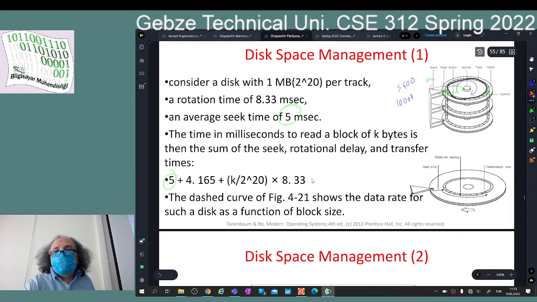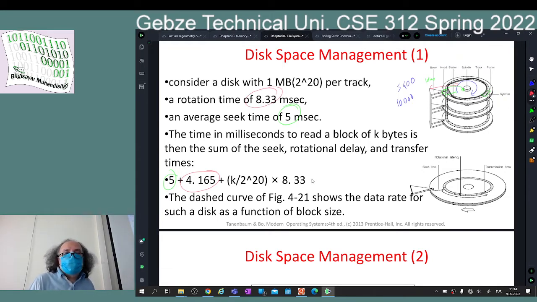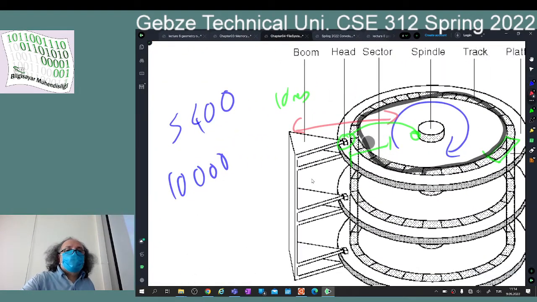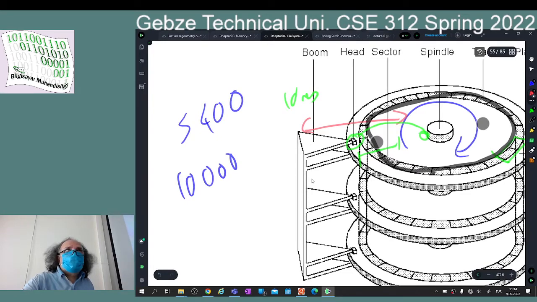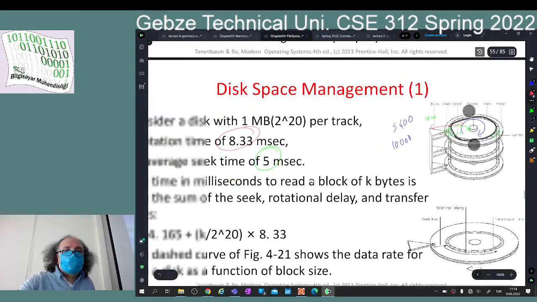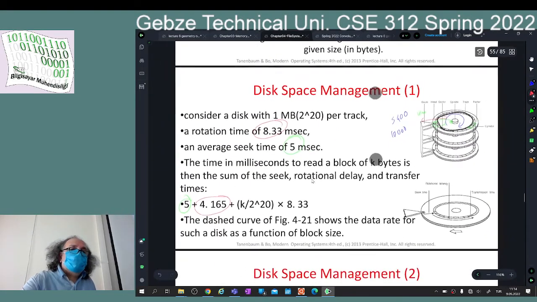And then I have 4.165, which is half of the rotation time. On average, to find your data on your disk, you don't have to wait a complete rotation. You wait half of the rotation time, so 8.33 over 2.